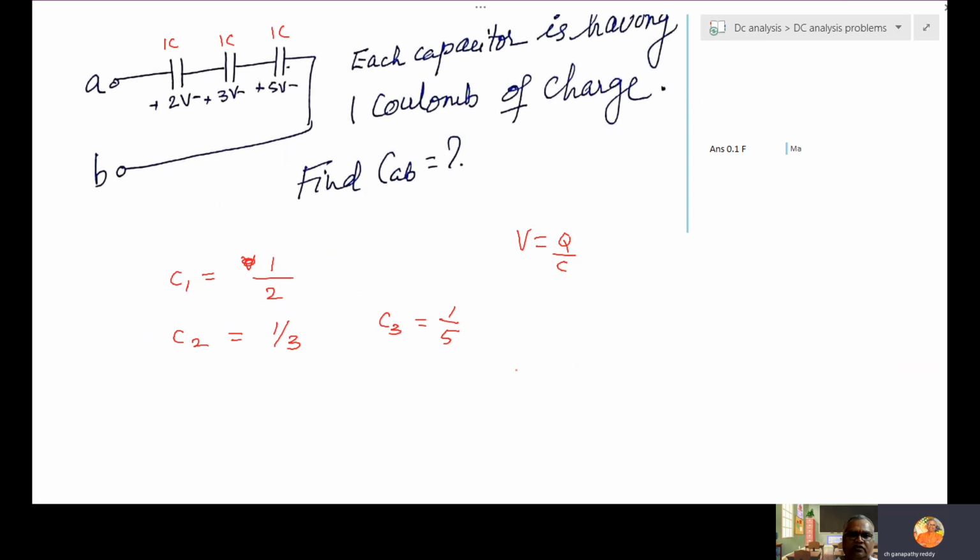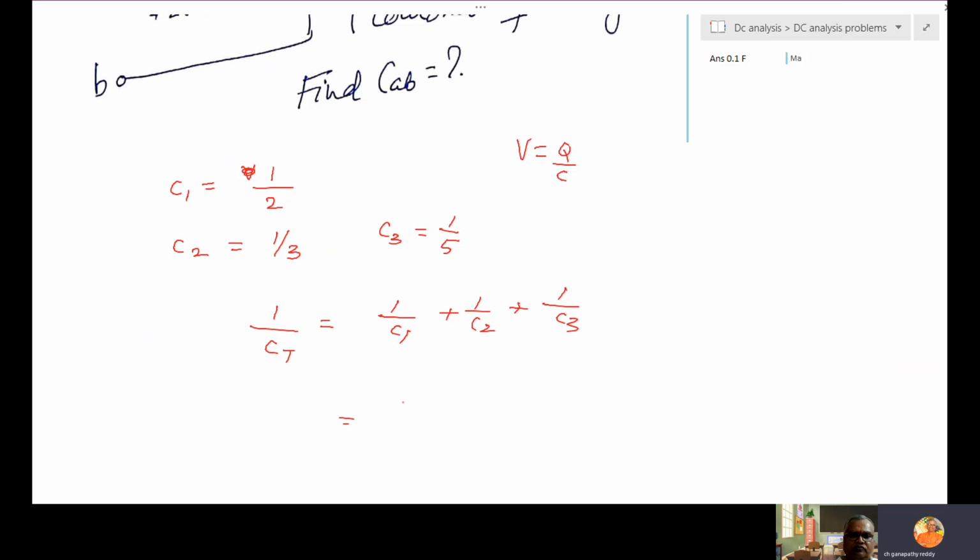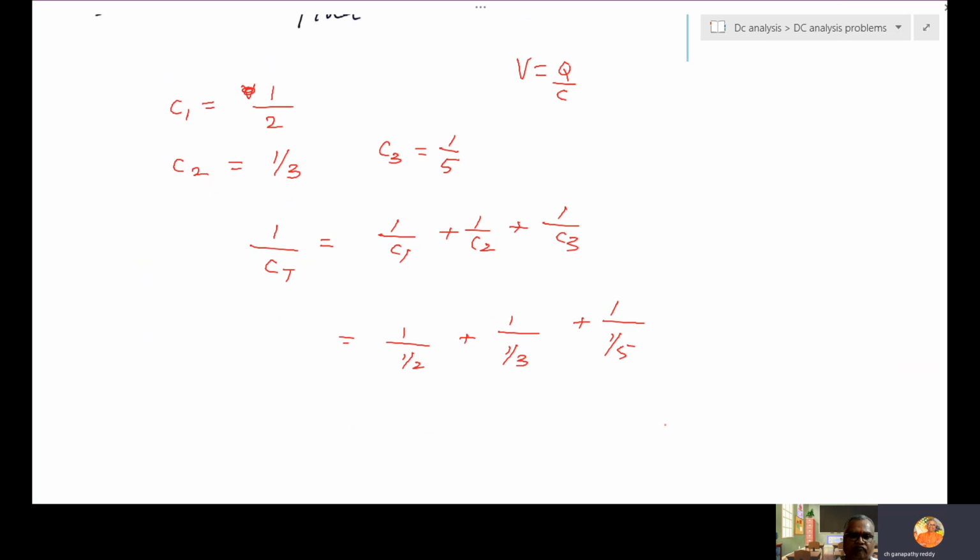What is asked? CAB. So when all are in series, 1 by C equivalent is equal to 1 by C1 plus 1 by C2 plus 1 by C3. So 1 by 1 by 2, 1 by 1 by 3, 1 by 1 by 5.